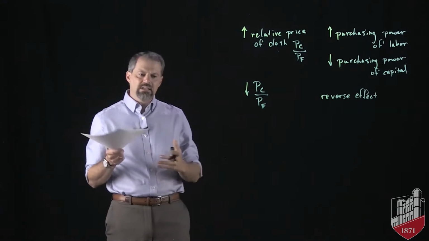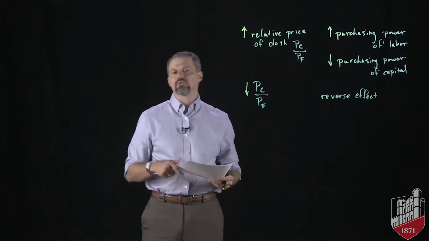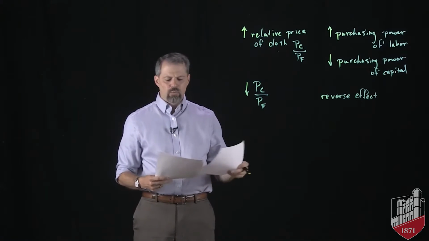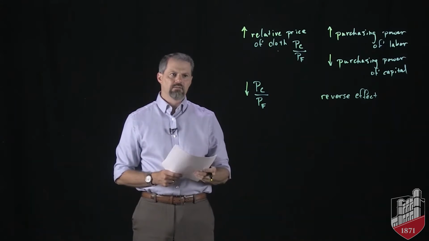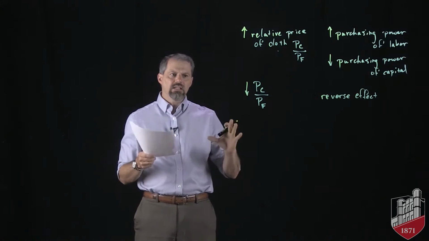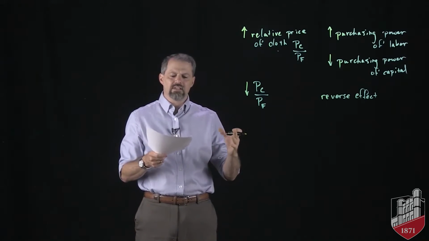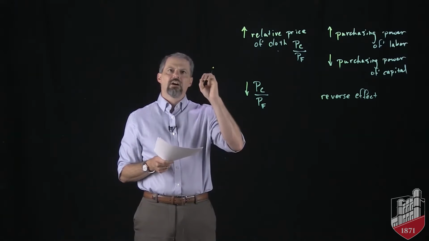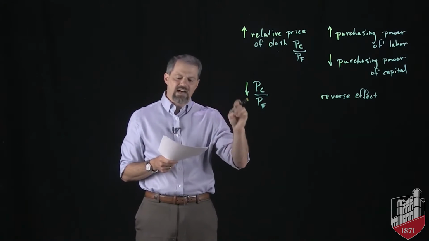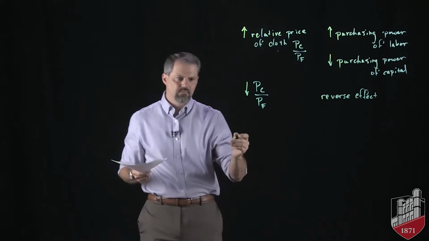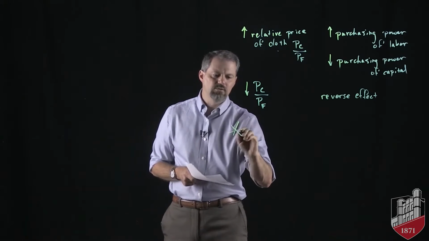And so in each country there's going to be one group that's made better off and one group that's made worse off. And the key, the way that you remember this, is that the owners of a country's abundant factor gain from trade. That's our basic conclusion here.